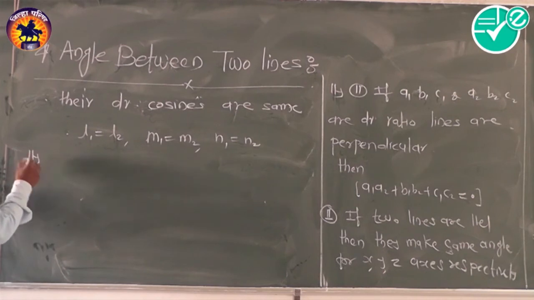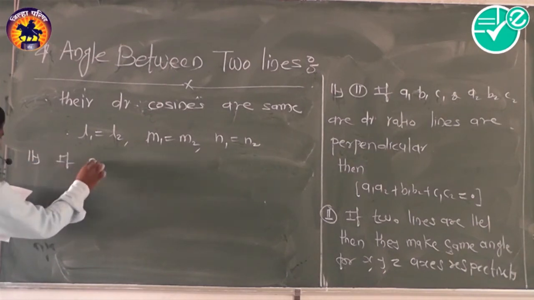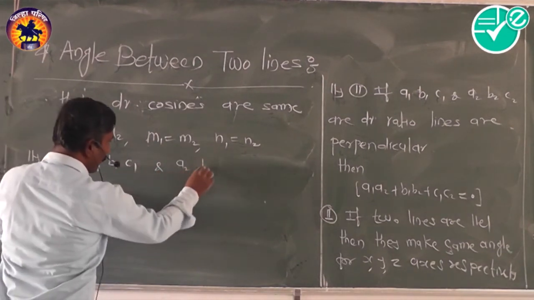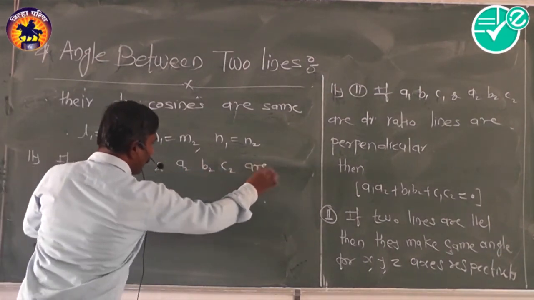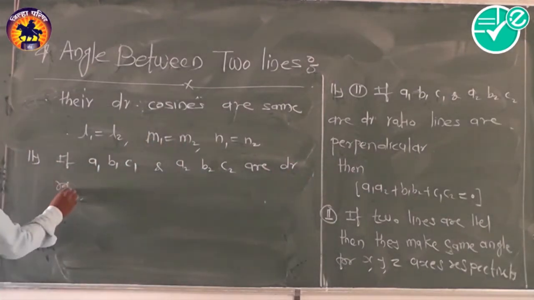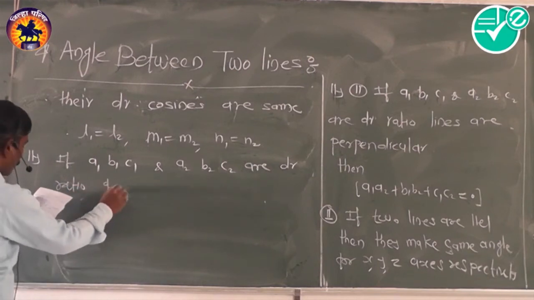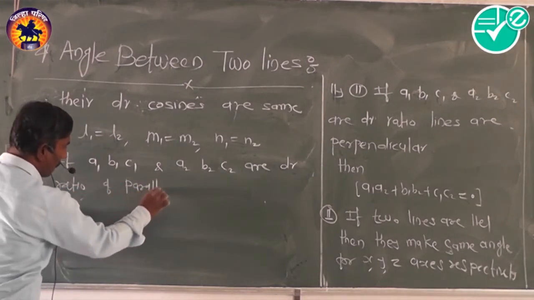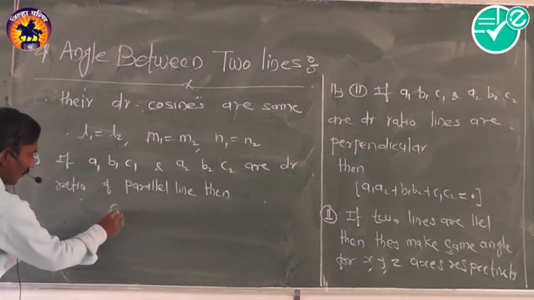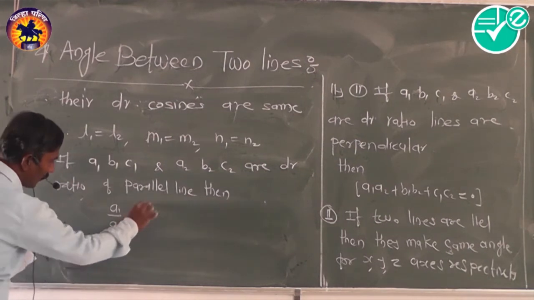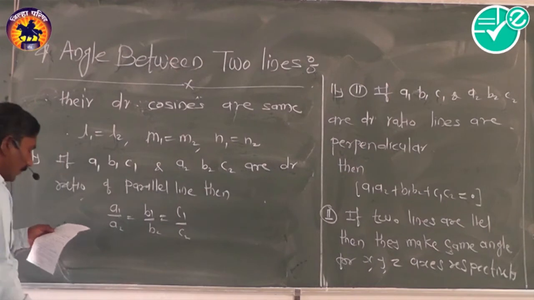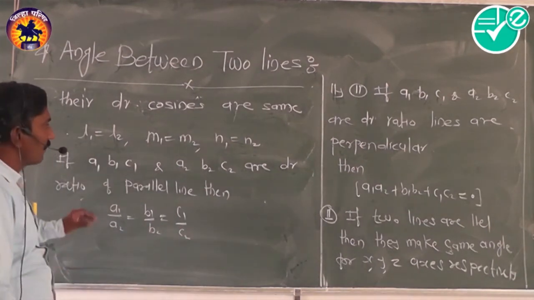And similarly, if a1 b1 c1 and a2 b2 c2 are direction ratios of parallel lines, then a1 divided by a2, b1 divided by b2 and c1 divided by c2 are proportional.